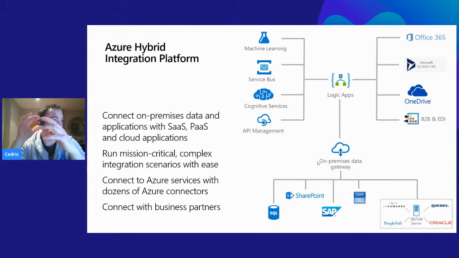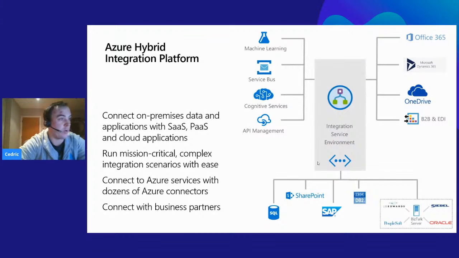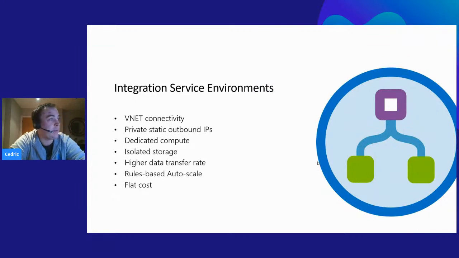The moment you get to this type of integrations where you have B2B needs, where you're doing lots of cloud stuff, where you're doing a bunch of on-premise things, and where you need that extra security of some additional integrations, you might get to a point where you want to use an integration service environment, an ISE or ICE. Now, what is that, an integration service environment?